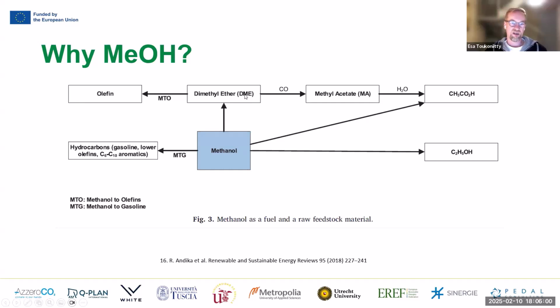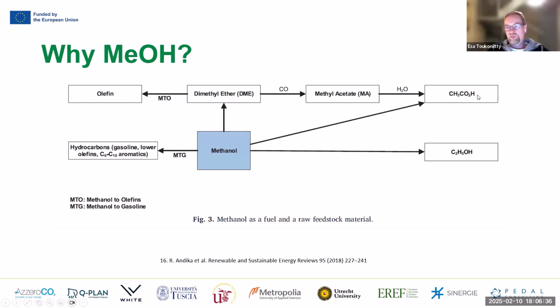And this DME can be converted to olefins, which can be raw materials for making different types of plastics and polymers. Also, methyl acetate, a basic chemical, can be made, and from this you would get acetic acid, with hydrolysis of the ester.